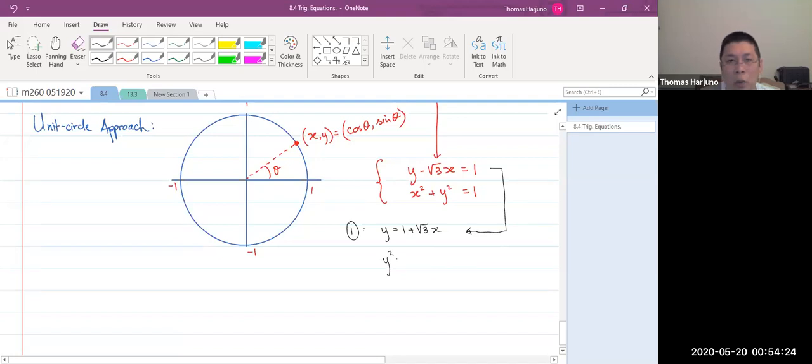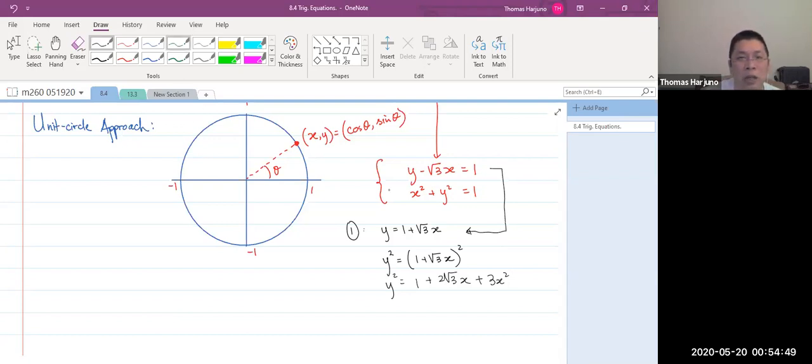So I get y squared equals 1 plus radical 3 x, squared, that is 1 plus 2 radical 3 x plus 3x squared. And then I plug that into the second equation.